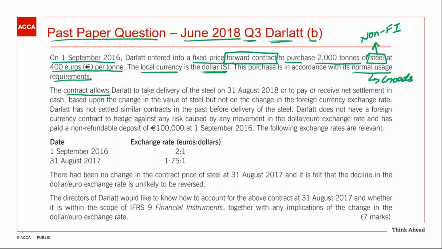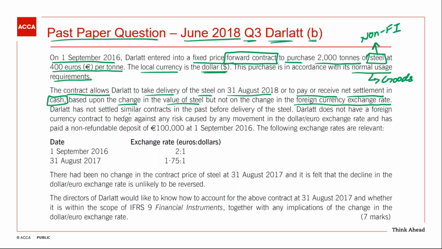The contract allows Darlet to take delivery of the steel on 31st August or to pay or receive net settlement in cash. So the contract allows us to settle the contract in cash. But what my intention is, is more important. The contract allows it, but if I have no intention of settling in cash, it will be a non-derivative based upon the change in the value of steel, but not on the change in the foreign currency exchange rate.